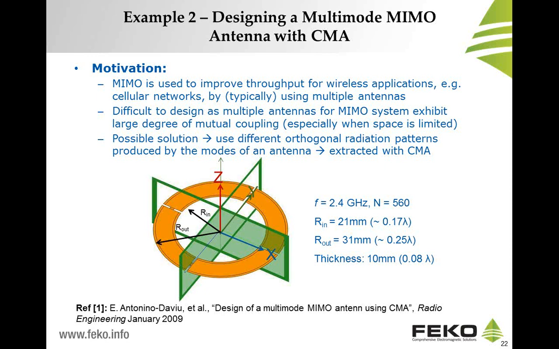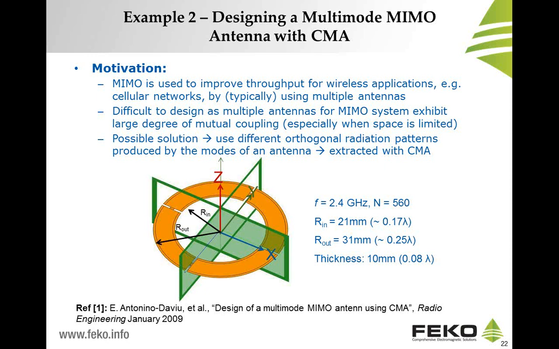But using MIMO is not that easy. It is quite a difficult task because multiple antennas on a limited amount of space also exhibit a large degree of mutual coupling. And now, this might become a more complex design for an antenna engineer.